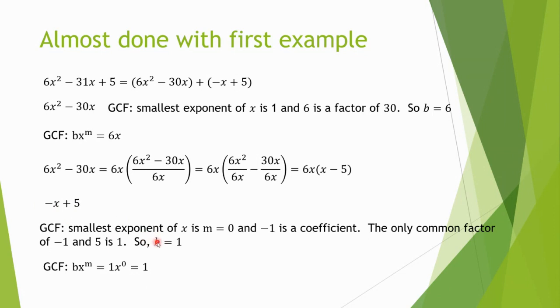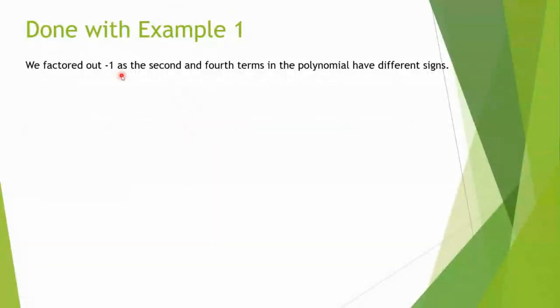Nothing too fancy. But are we still going to have to factor something out? Well, yeah, we do. Now you might be thinking, how do I know that? Well, notice that the second and fourth term here have different signs. This is a negative. The other one is positive. So from the second group, we have to factor out a negative. Since the GCF of this thing is 1, we're only going to factor out -1.